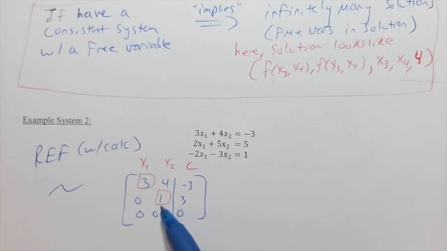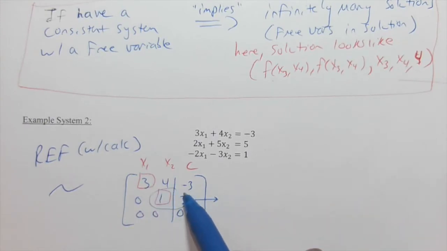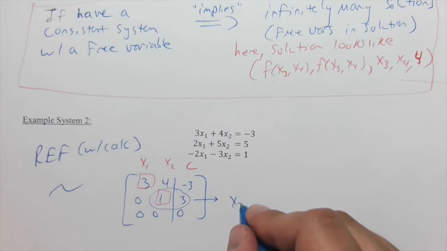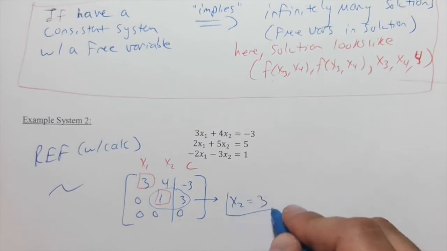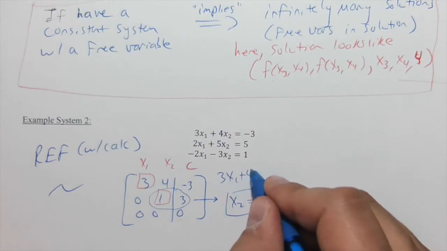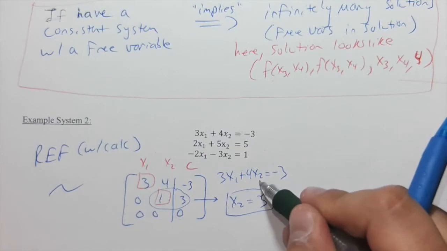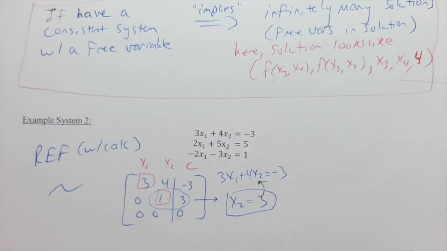So we've got it in reduced form. It'd be better if we fully reduced it, but this is easy enough to solve because it's a nice, easy system. This row right here just tells us one of the answers. This says x2 is 3. The first row says 3x1 plus 4x2 equals minus 3, so you can take the solution we just found and plug it into x2 to find out what x1 is.